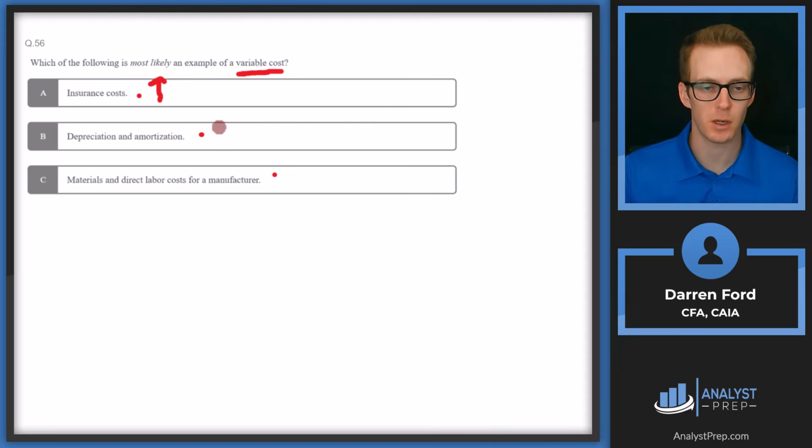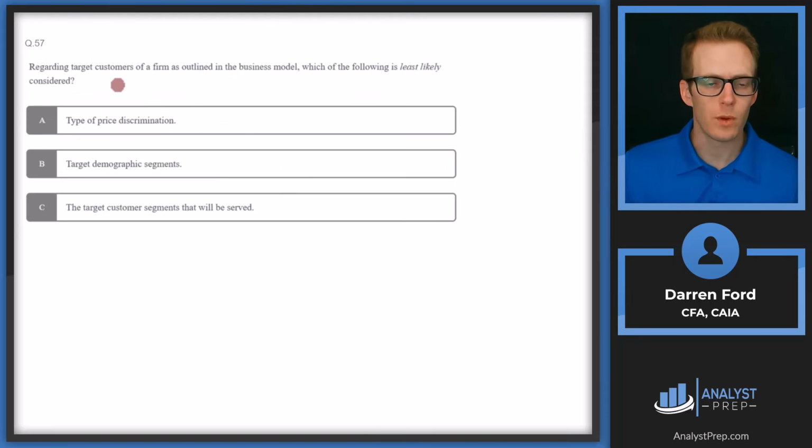Whereas these might shift up a little bit over time if we need to invest more or have more insurance for the amount of business we have. These are going to be more fixed for a period of time, whereas these will be shifting up and down with the demands that we have from our customers.